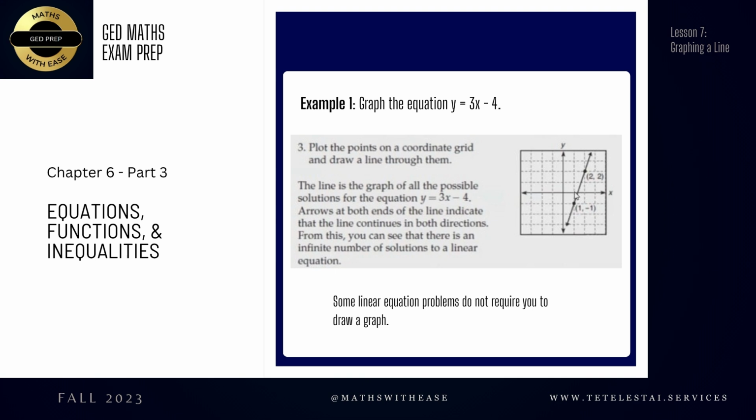So let's, for the sake of convenience, use the second ordered pair showing here, which is 2, 2. Then using our slope formula, which we learned about a few weeks ago, in the numerator, y2 minus y1 would equal 2 minus -1.